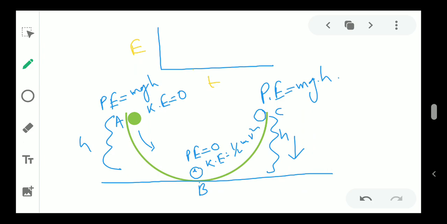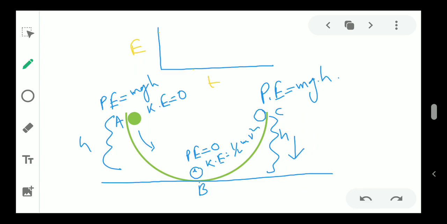At the starting, that means at point A, the potential energy is decreasing because the height is decreasing. But it is important to understand whether it should decrease in a linear way or some other way.